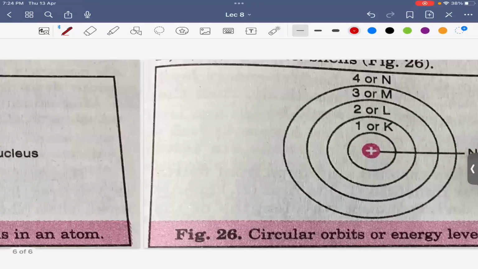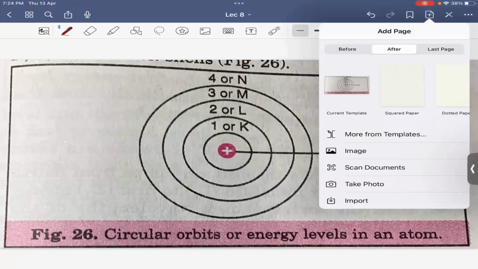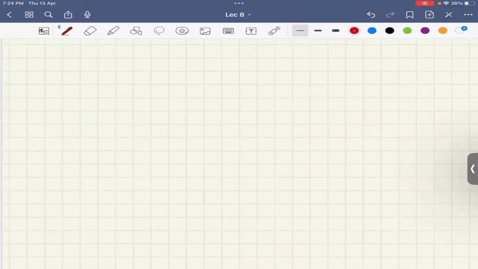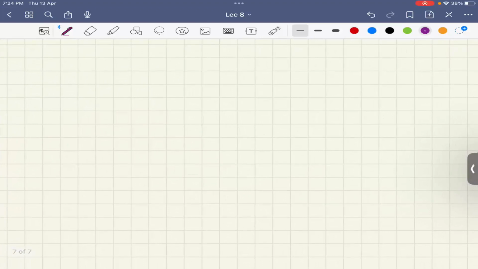Let us move on to the next page. Then the second postulate was that the energy of an electron in the orbit does not change with time. This is also very important.